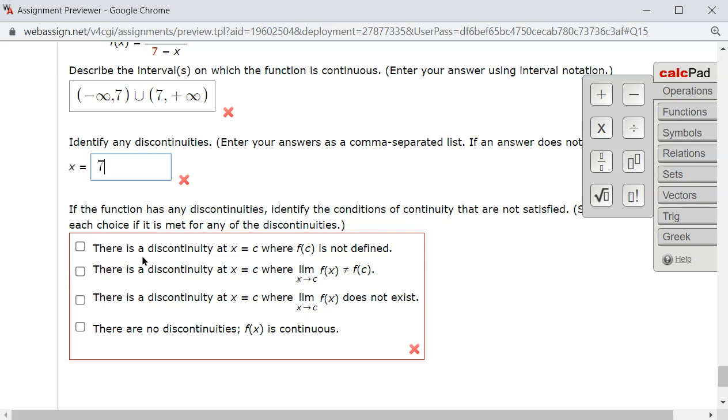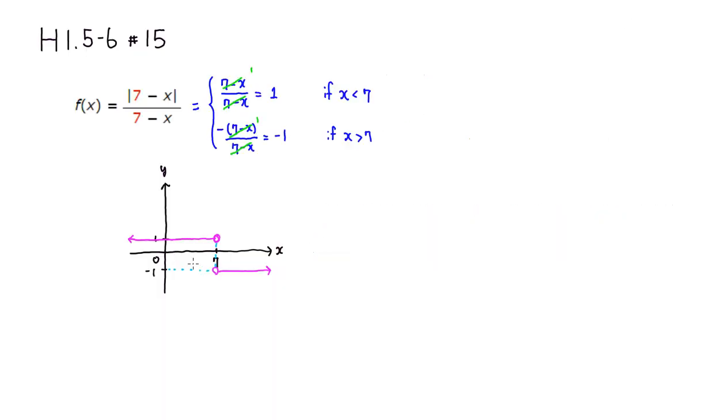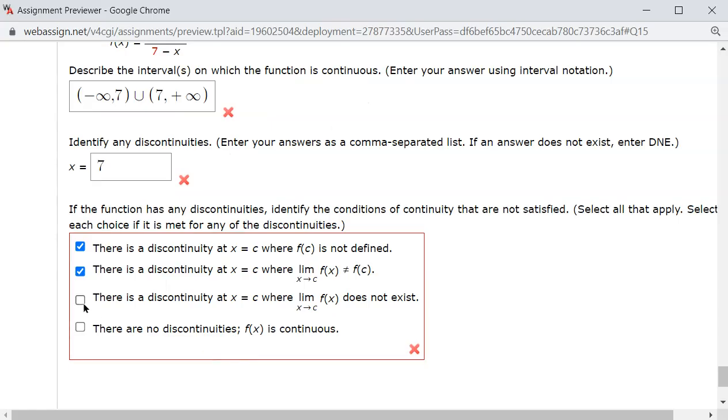F of c is not defined. F of 7 is not defined, so this condition is violated. And the limit does not exist. You can see that the left-hand limit gives you positive 1, the right-hand limit gives you negative 1. So the two-sided limit does not exist.